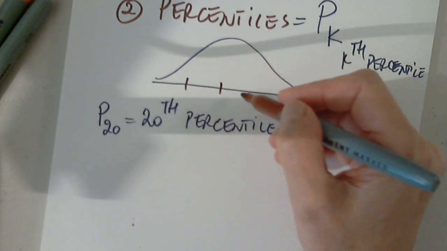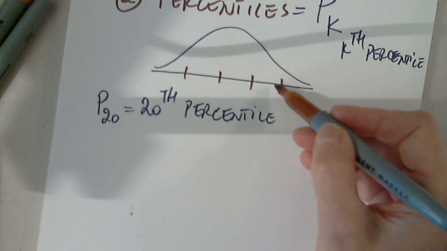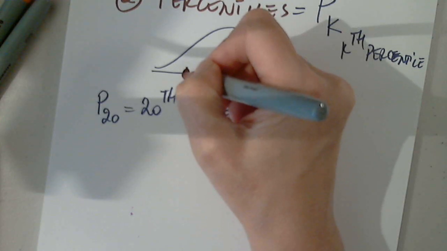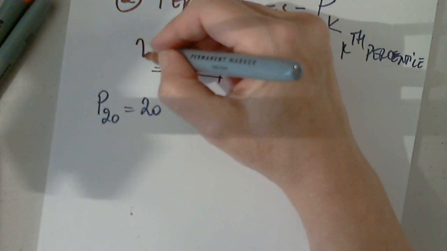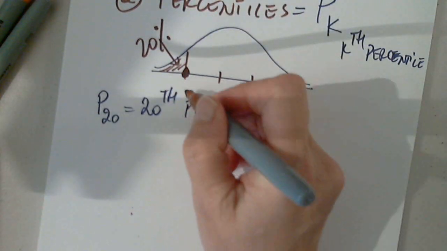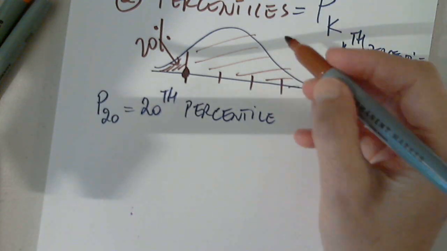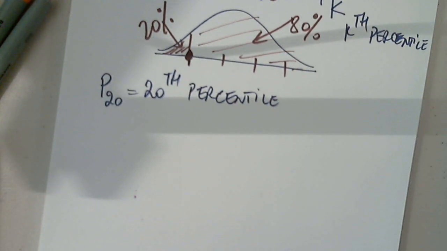So 1, 2, 3, 4, 5. The 20th percentile is this entry, where 20% are below this entry, and 80% are above this entry. That's the 20th percentile.